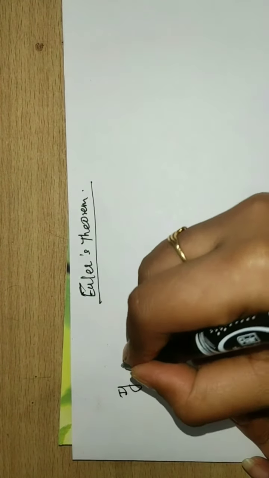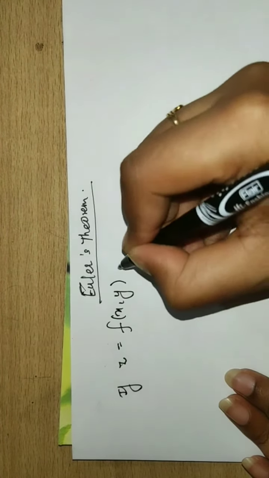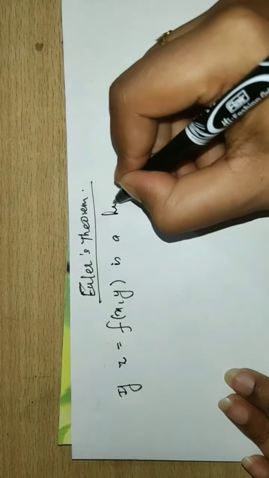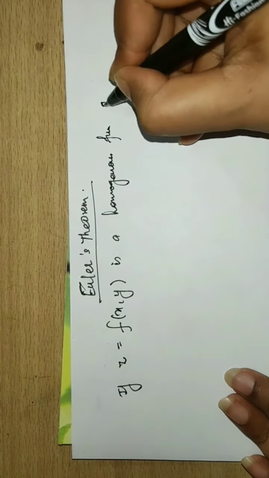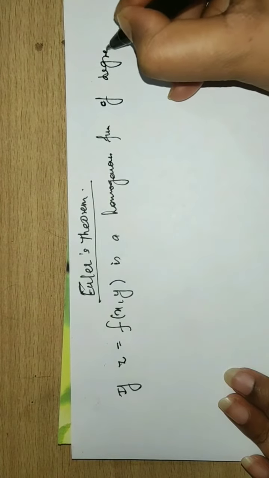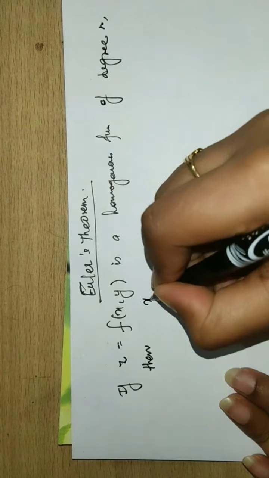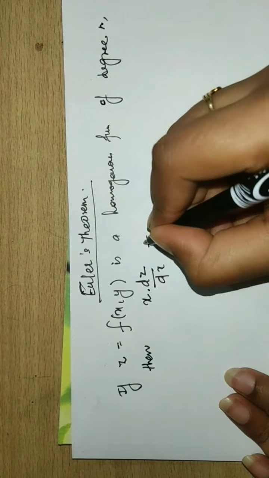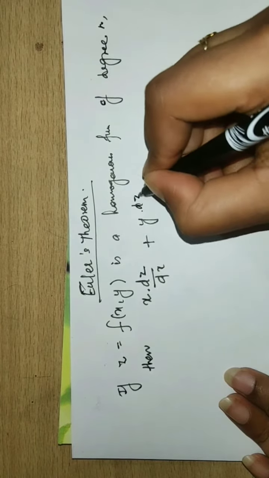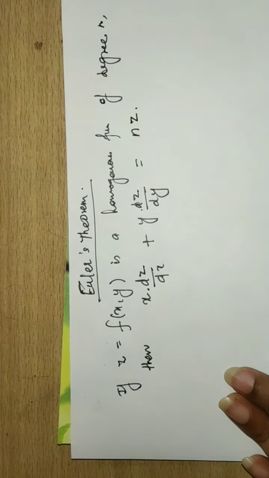If z is a function of x and y, and this is a homogeneous function of degree n, then x into delta z by delta x plus y into delta z by delta y is equal to n into z.